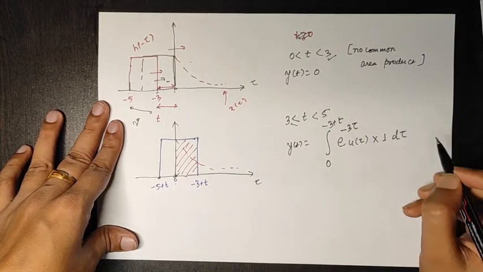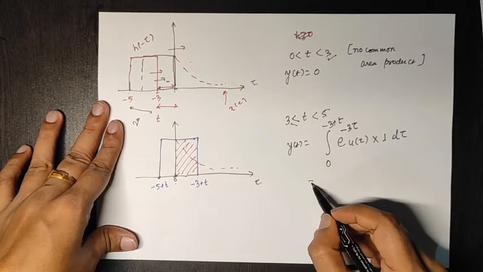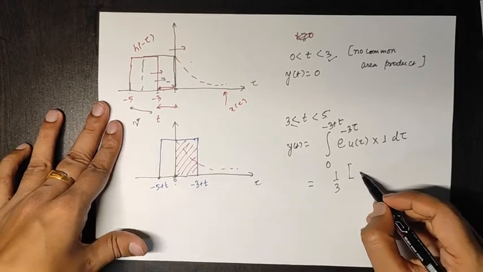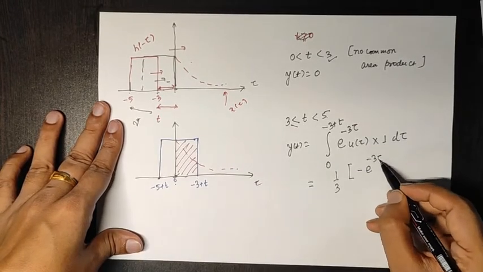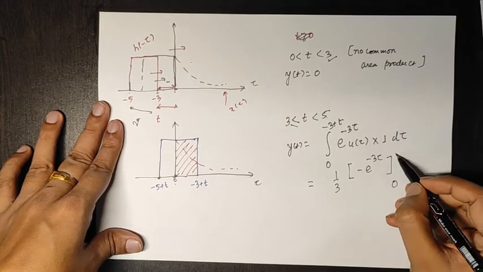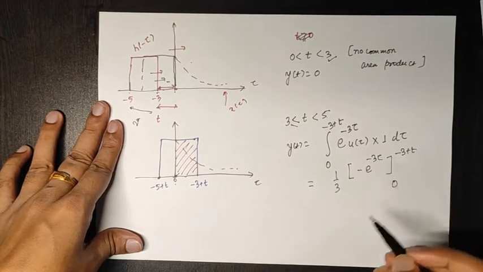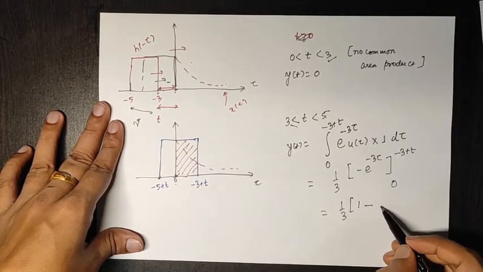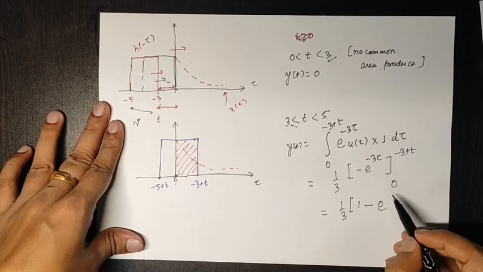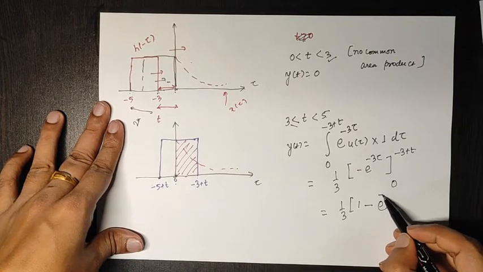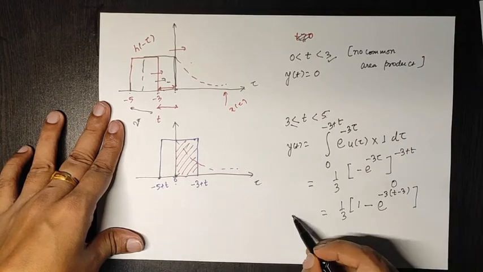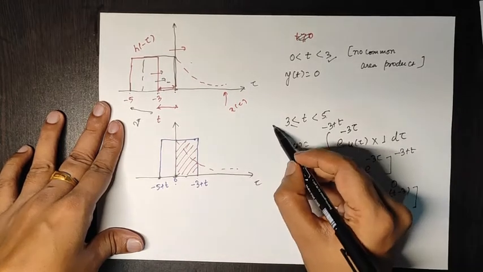It will be d tau, and if we do the integration, it will be 1 by 3 times minus e to the -3 tau from 0 to -3 plus t. It will be 1 by 3 times 1 minus e to the power -3(t minus 3). So this will be y(t) for the interval of 3 to 5.